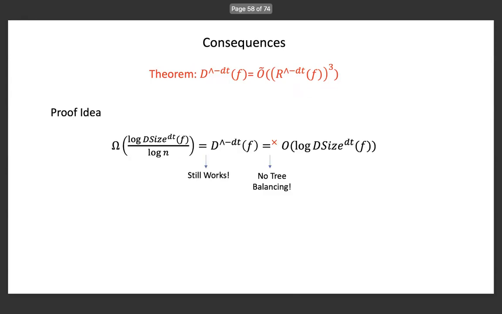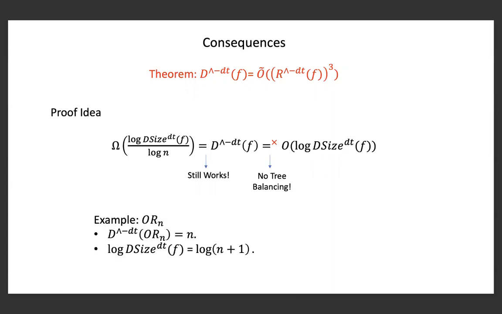Okay. And we have to do slightly more work for this result, because the log of ordinary size does not characterize depth in AND decision trees, as was the case in AND/OR decision trees. So we needed a different route. And for a good reason, because the AND depth complexity of the OR function in AND decision trees is n, and the ordinary size complexity for the OR function is n plus 1.